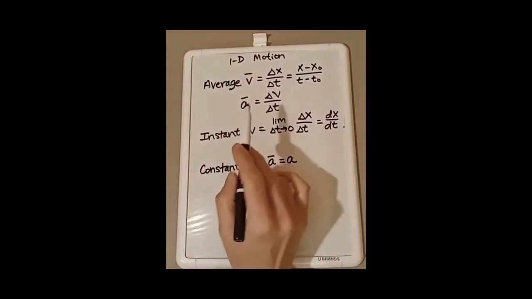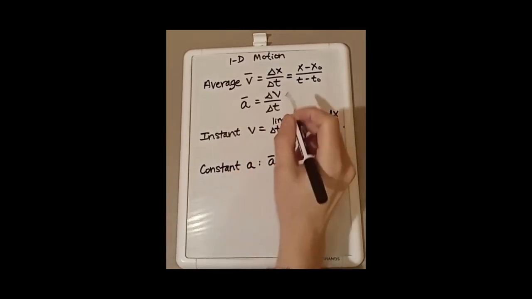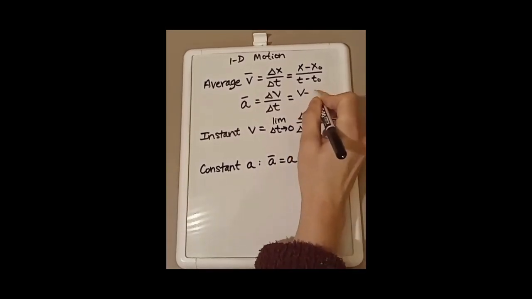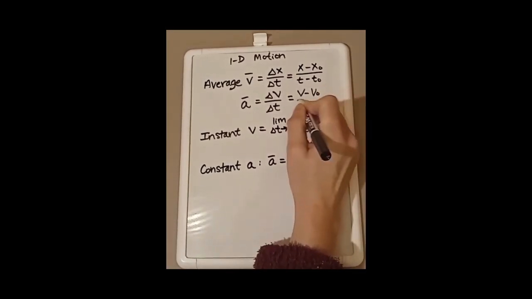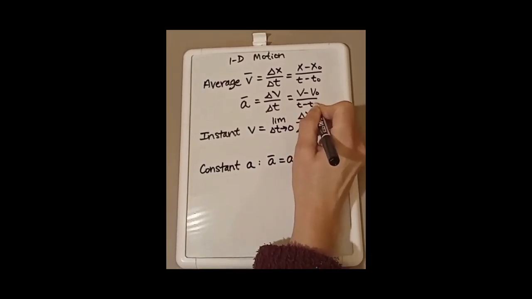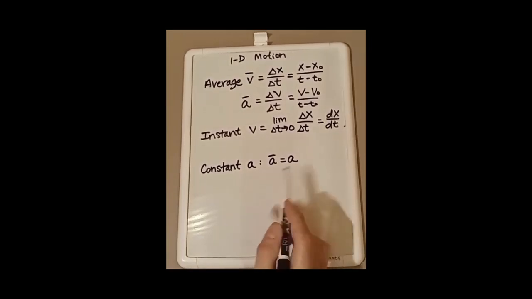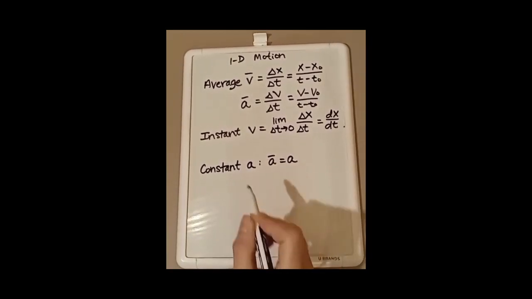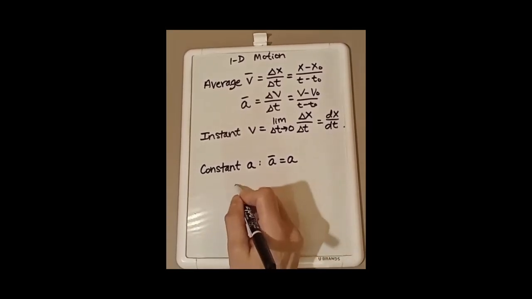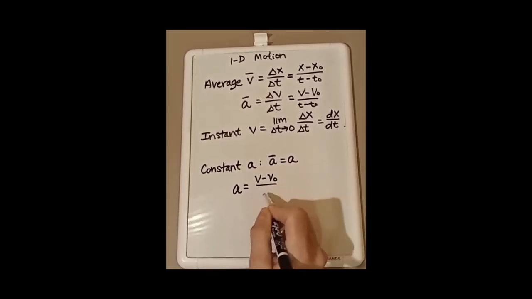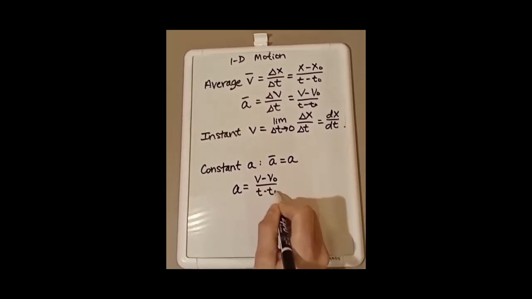Back in our equation for average acceleration, our delta v can be written as our final velocity v minus initial velocity v naught, divided by t minus t naught. So then when we assume that a is constant and that a is equal to a with the bar over the top, we can now write our acceleration as a equals v minus v naught divided by t minus t naught.